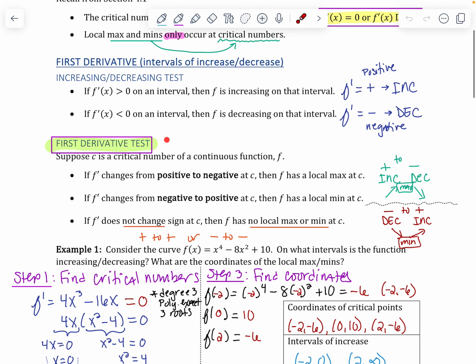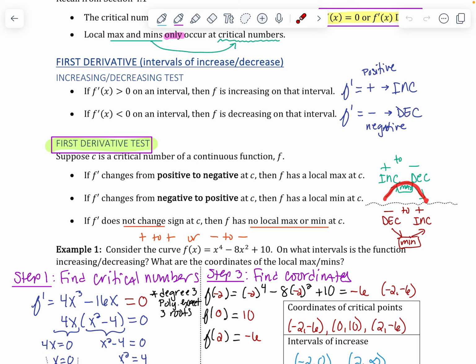This leads to the first derivative test. So we're going to have some critical number c, because our first derivative was 0 or did not exist, on a continuous function. If the derivative around this critical number changes from positive to negative, then it's going from increasing to decreasing.